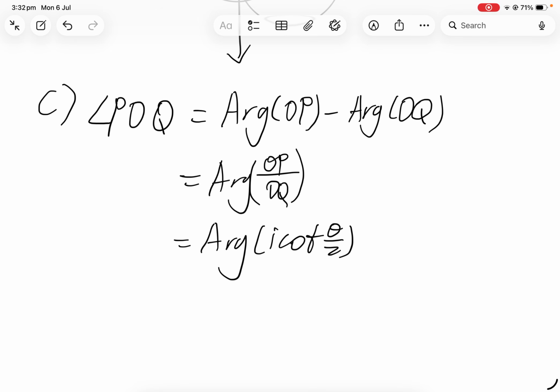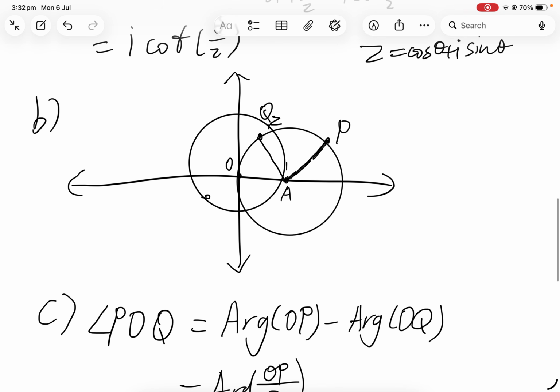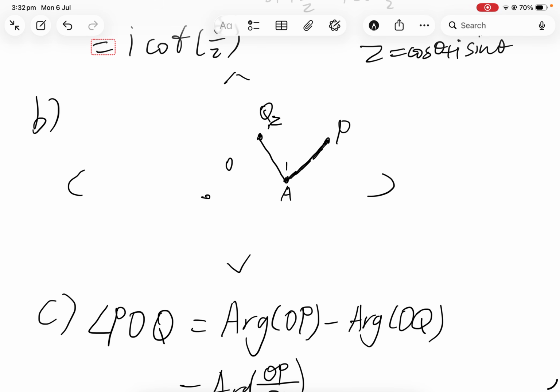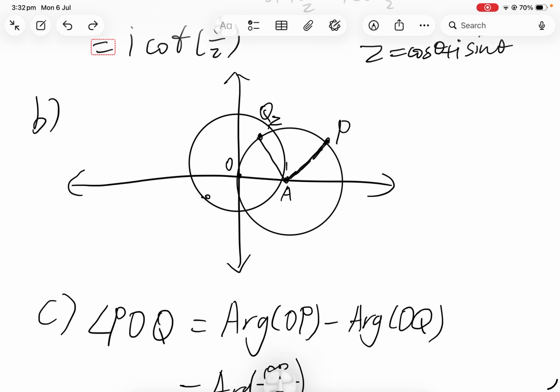And that's the angle. Well, look at this imaginary number. It doesn't have a real part, so it's only imaginary. With no real part, we assume the real part is 0. So it must lie on the y-axis.